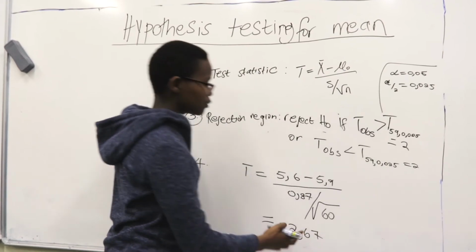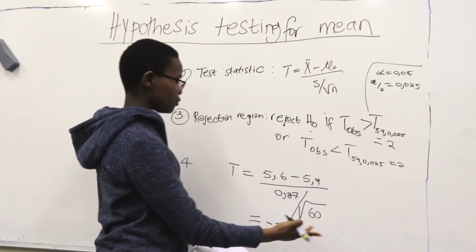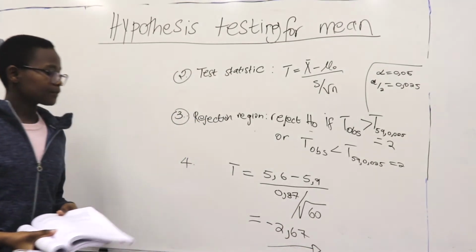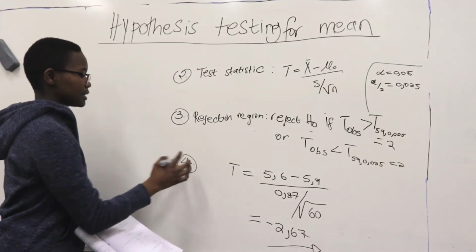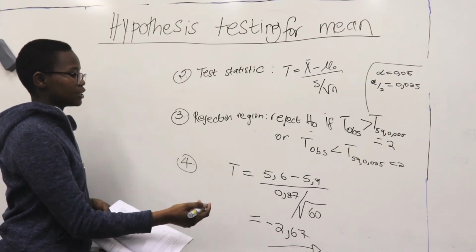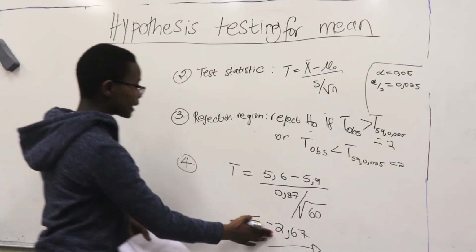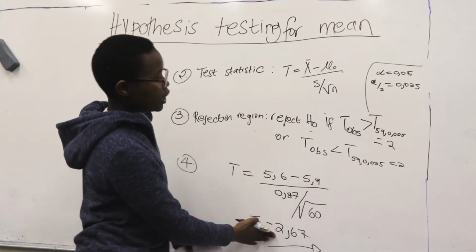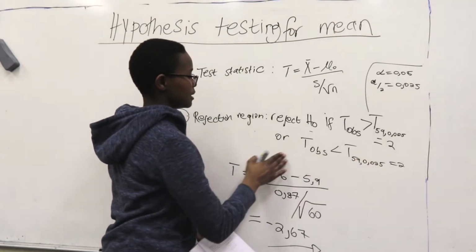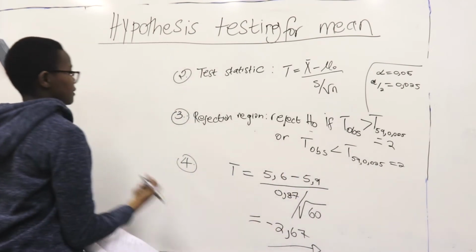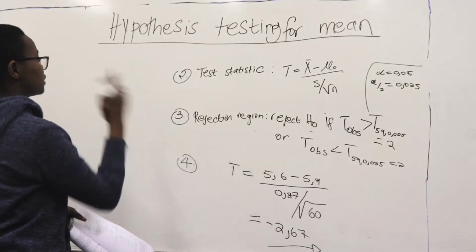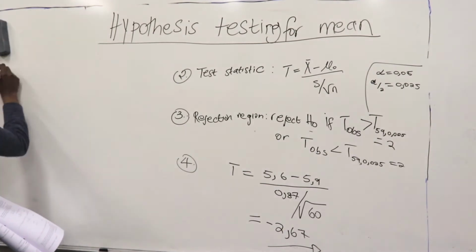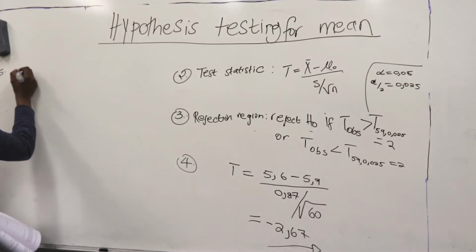I'm just going to round off to two decimal places. Okay, so step 4, we're doing the calculation and we got a negative answer. If you got a negative answer, you take the less than, because it's negative. That's what we're going to carry over to the next step, which is step 5, finding the p-value.